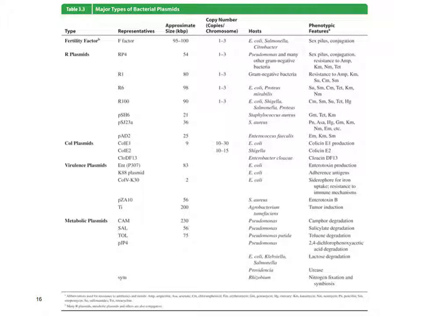Typically, R factors contain genes that code for enzymes that can destroy or modify antibiotics in their immediate environment. R factors may have a single resistance gene or as many as 8 antibiotic resistance genes. These resistance genes are often found within mobile genetic elements called transposons.